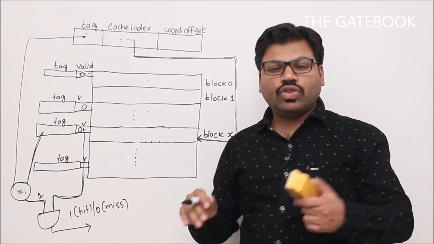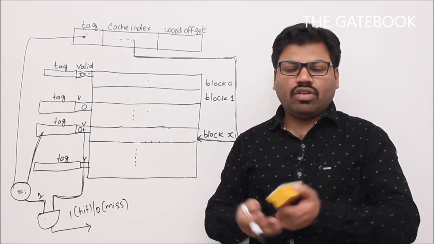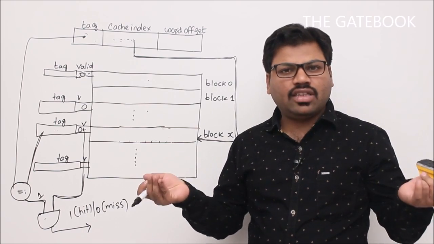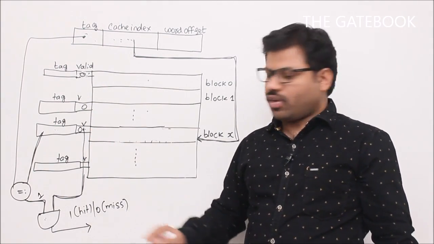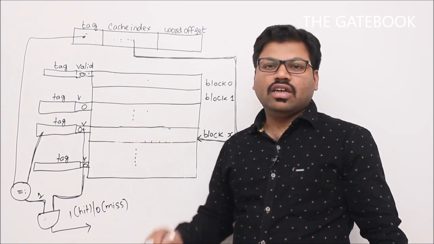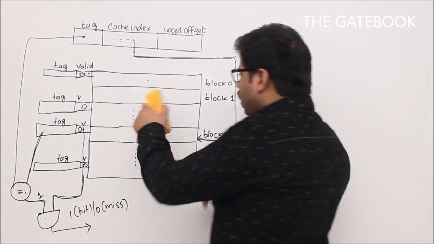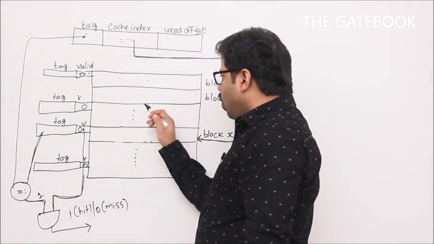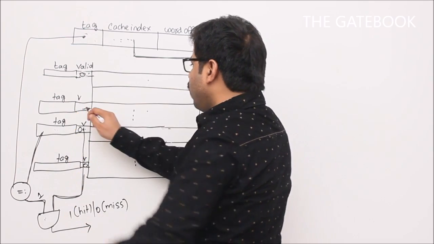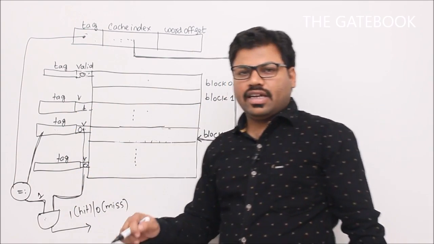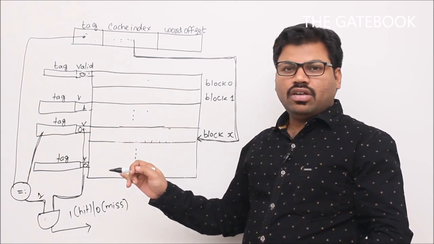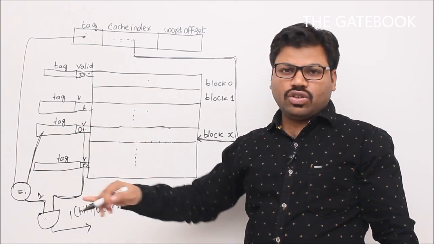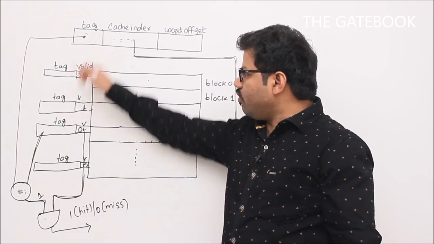Initially, when you switch on your computer, the cache doesn't have anything, so all the valid bits should show zeros. That is the way it is initialized. Later, when some data comes to an appropriate block, the valid bit becomes 1. Sir, if that is the case, why do we need the valid bit? Whenever data is available, the valid bit becomes 1 anyway. Otherwise, what's the need of the valid bit?